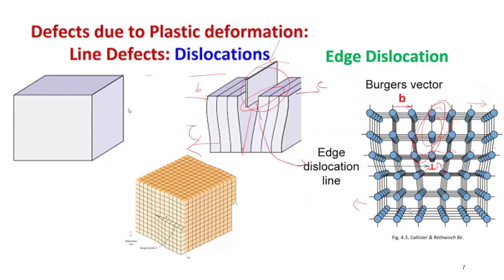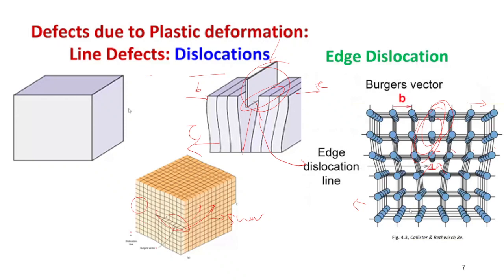Next, what we have here is a screw dislocation, in this direction, like a twist. In the front of this particular cube, for about one atomic space, there is a twist in the crystal lattice, whereas here there is no change at all.